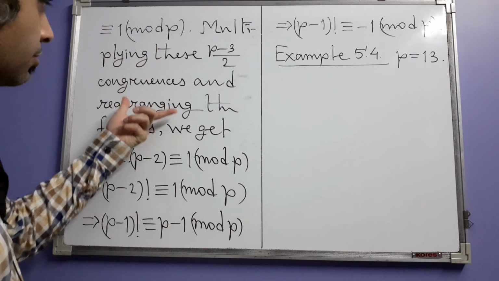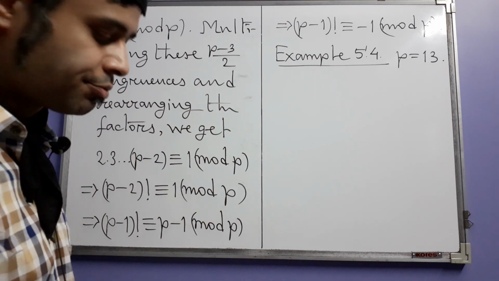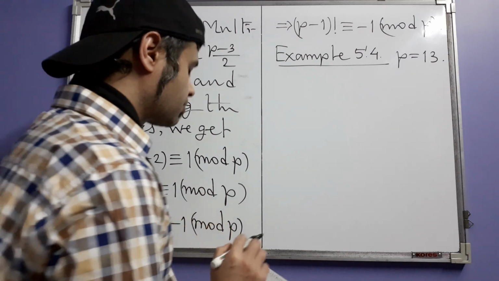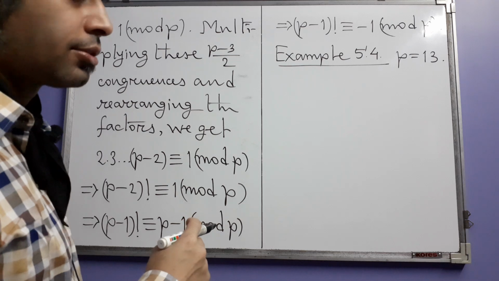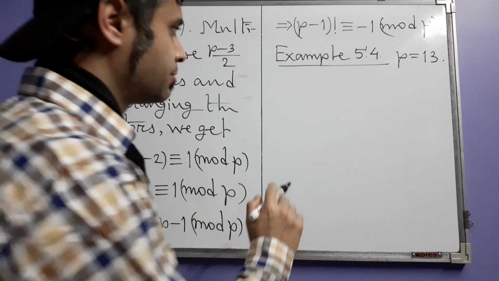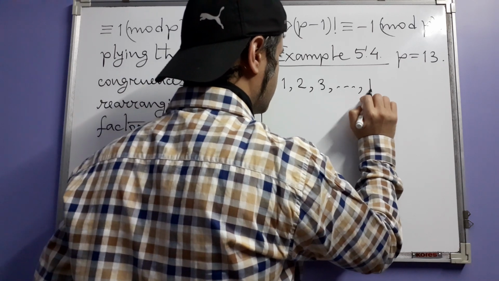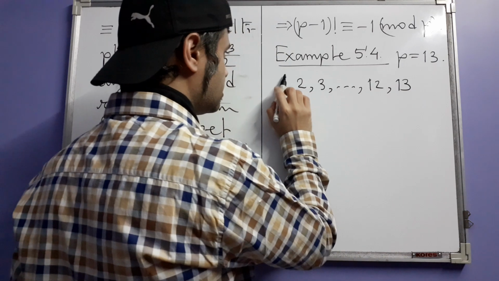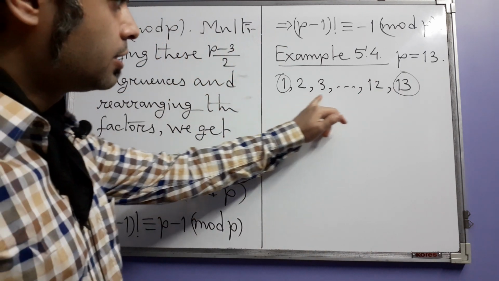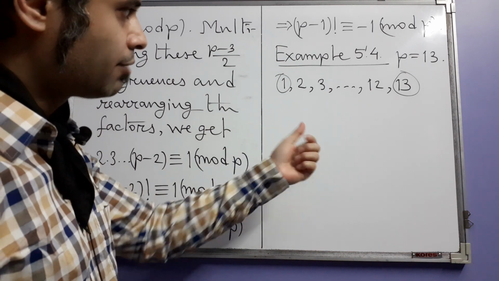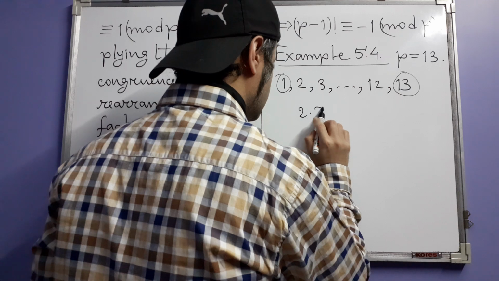So, these congruences that we multiplied here to get this one, in this case we will get 5 congruences like that, and those 5 congruences are this. You can see for yourself. If you consider all the positive integers less than or equal to 13, you get these integers, no? So, this is your 1, this is your P minus 1, which you are ignoring and considering the remaining integers. From them you have to create those pairs, and the congruences we get are these.